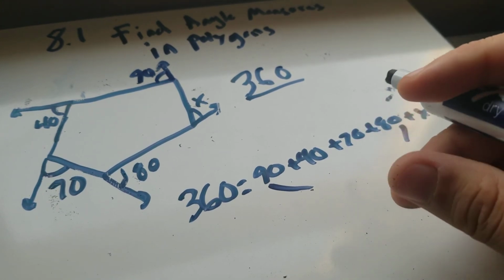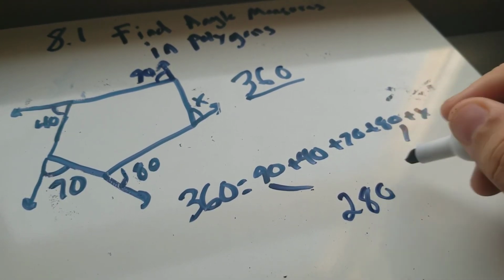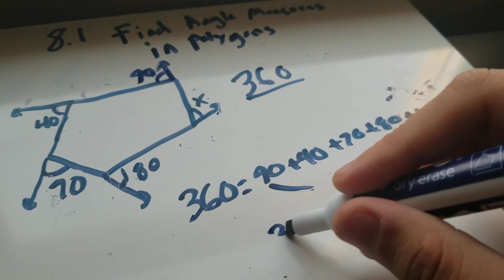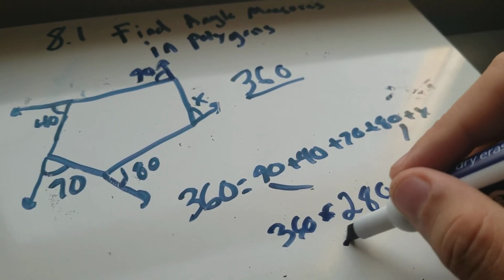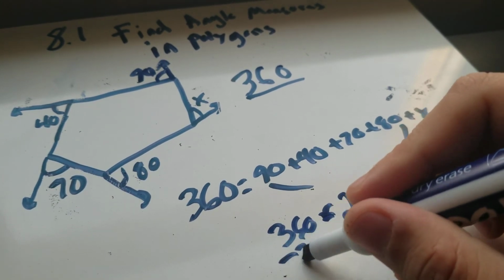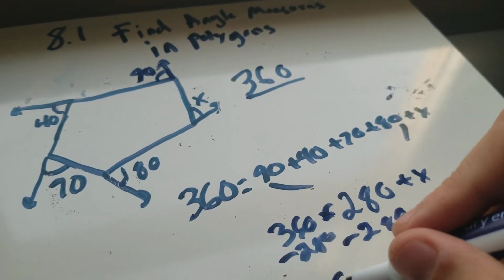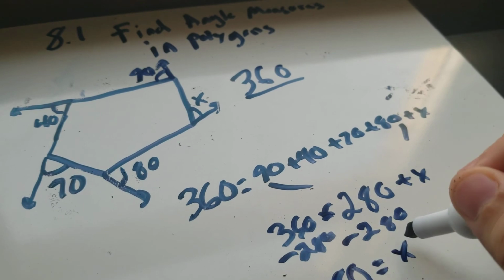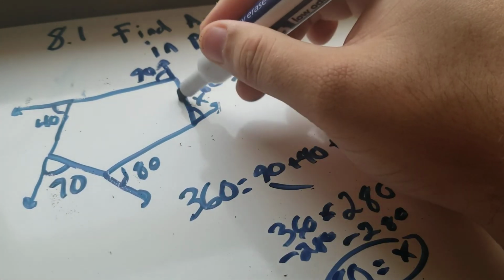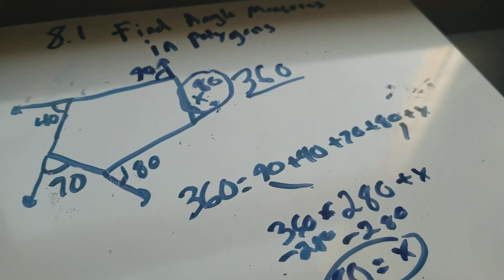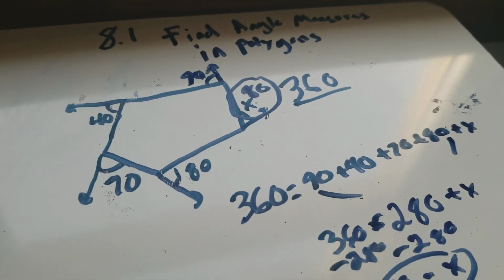So that should be 280 plus x equals 360. Subtract 280 from 360. So we have 80 left. So 80 equals x. All right. Pretty simple stuff.